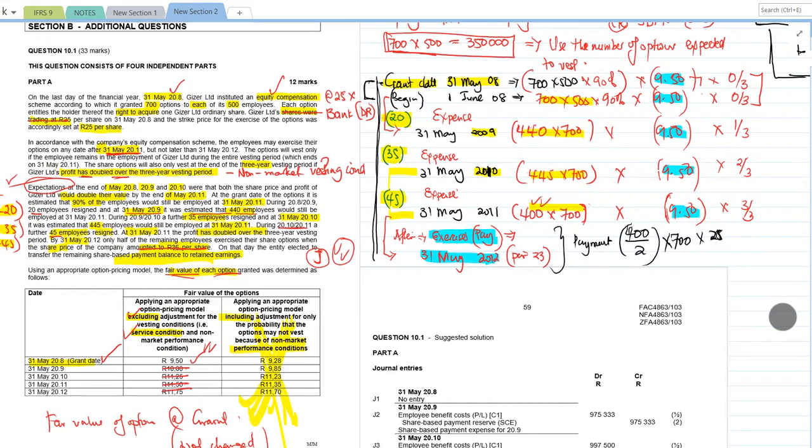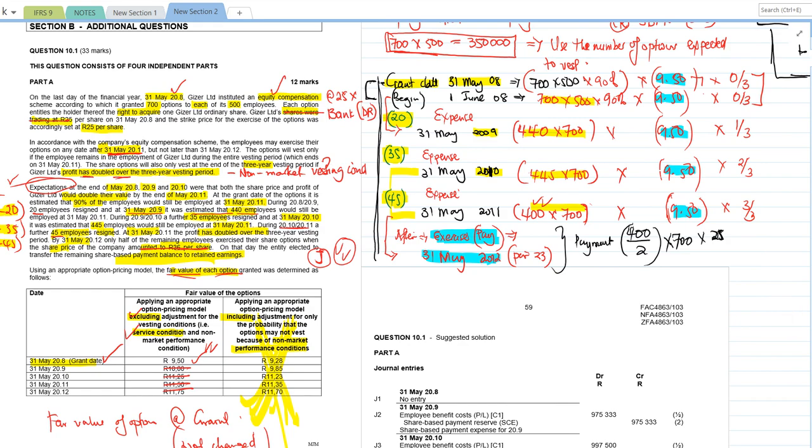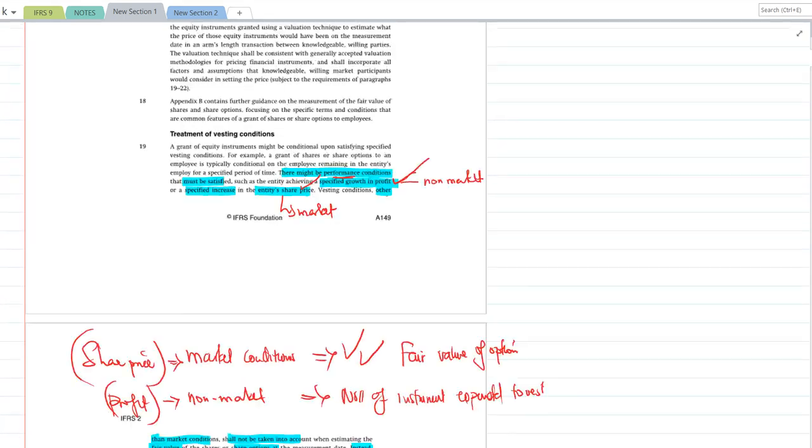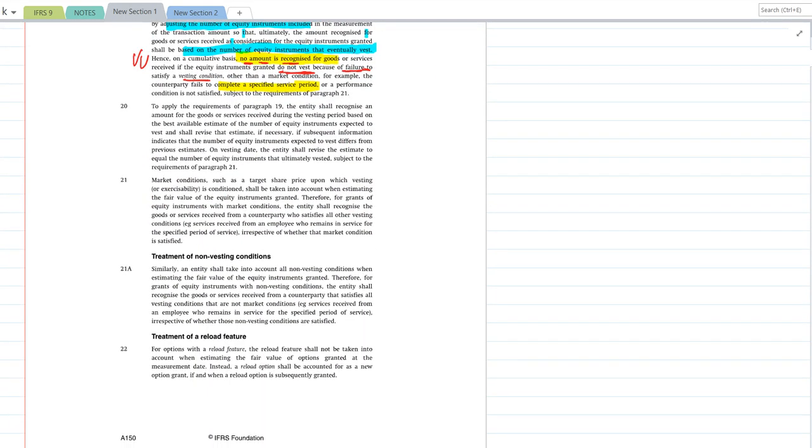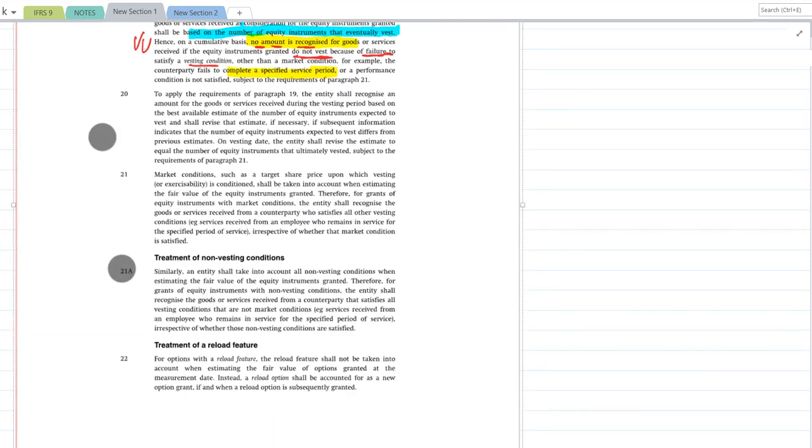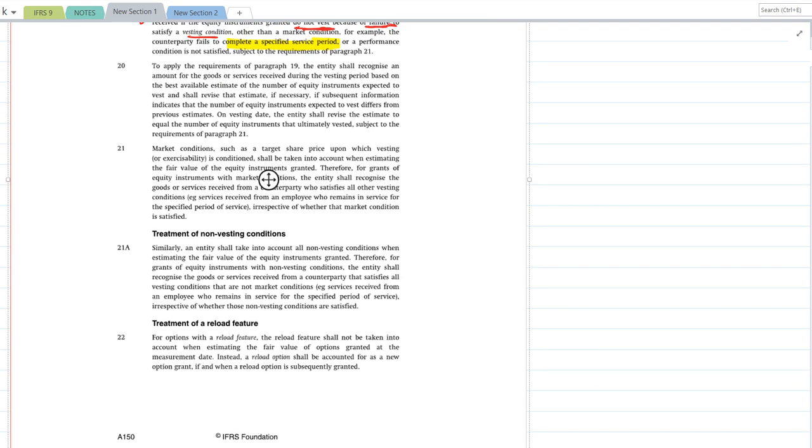Again, it's paragraph 21, guys. I'm going to jump back to paragraph 21. Oh, my standard just went back again. So paragraph 21, where is it? There it is, just below the other stuff that we read. And it says market conditions, such as the target share price upon which the vesting is conditioned, shall be taken into account. So these market conditions are taken into account when estimating the fair value of what?